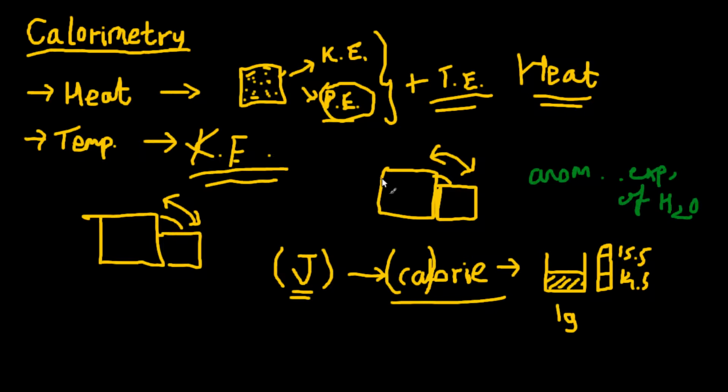So we don't need to bother much about that right now, but we should know that if we take 4 degrees Celsius to 5 degrees Celsius as our temperature change, water behaves in a very different way over here. So it's not going to give you correct results in this region.